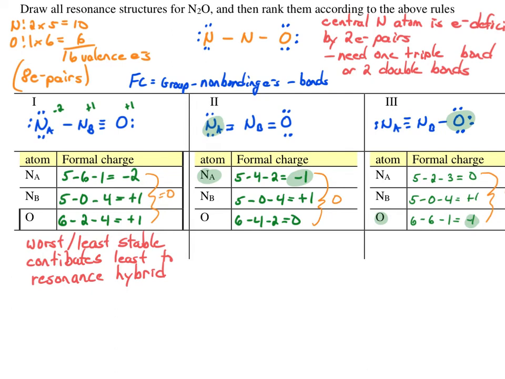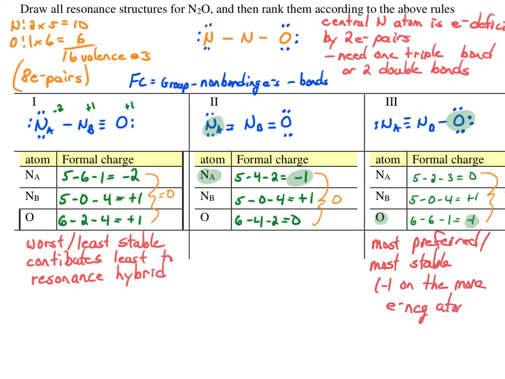So we conclude that structure 3 is most preferred, most stable, because we have the -1 on the more electronegative atom. And therefore structure 2 is the next best, but it's not as good as structure 3.